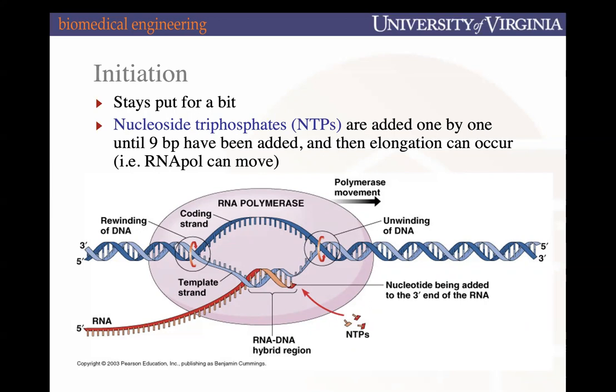And once that happens, then RNA polymerase will take off down the DNA strand, producing this mRNA transcript using these nucleoside or ribonucleoside triphosphates. These are the monomers. These are the building blocks for the new growing mRNA transcript. Just for clarity's sake, you can say growing mRNA strand or mRNA transcript, or you can just say transcript because it's what is being produced from transcription.